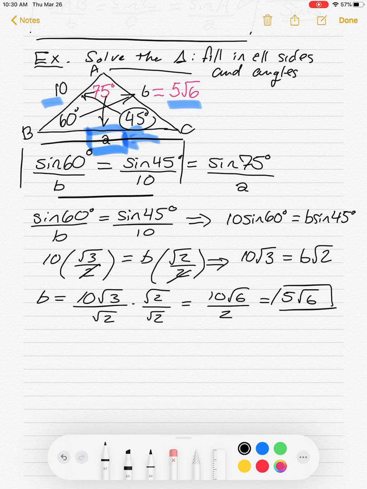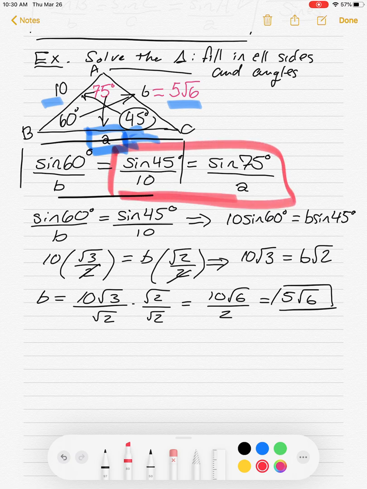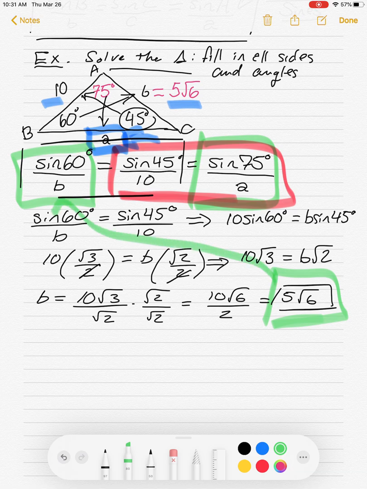So what pair to use to find the side A? Well, I can use this pair, or I guess I could use this guy with this guy using the B that I found down here, plugging that in up here. It doesn't matter.